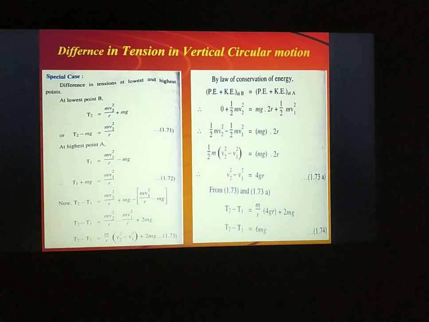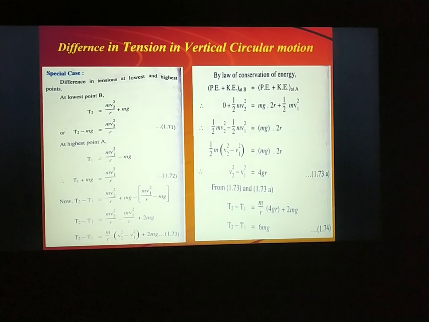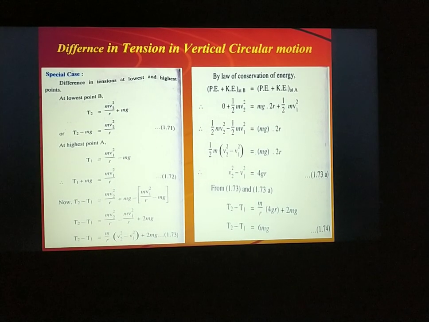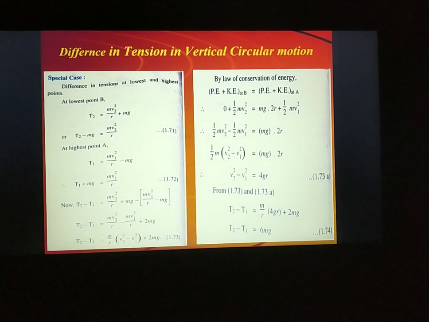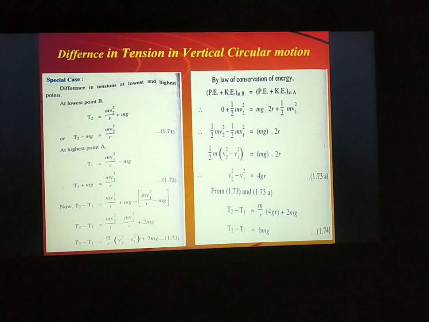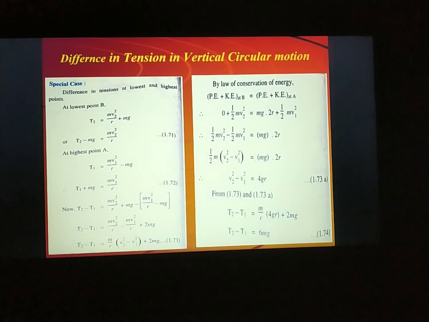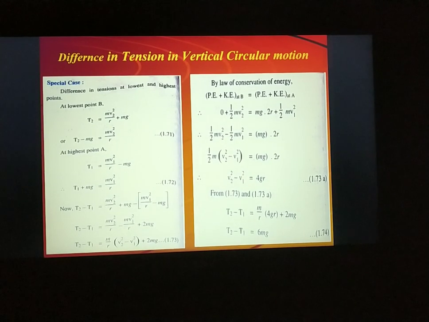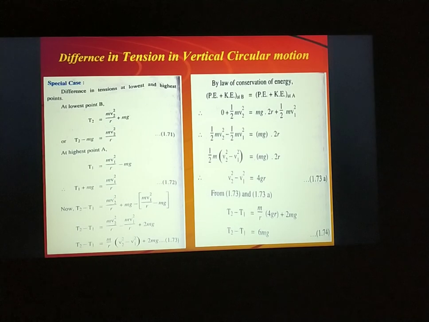Now you can apply the law of conservation of energy, that is, total energy at point B equals total energy at point A, the bottom and top positions. At B, potential energy is 0 and kinetic energy is half mv2 square. At point A, potential energy is mg into 2r, and kinetic energy is half mv1 square.